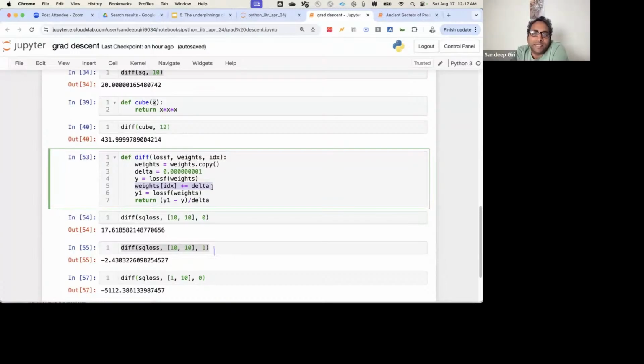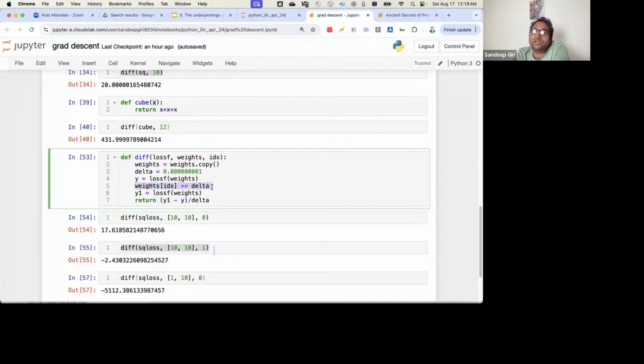Basically, this is my partial derivative function. It takes a loss function, a function which takes multiple arguments, and it also takes which variable you want to differentiate with respect to.